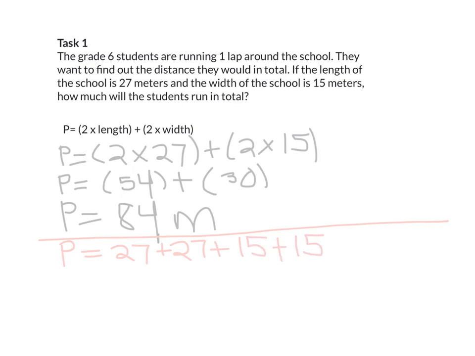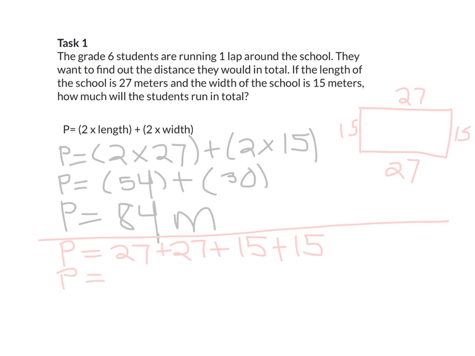And I can help myself by drawing a little diagram on the side. So that's the shape of my school, which is a rectangle. I know that my length was 27, my width was 15, so it would be same on the opposite side, so 15 here and 27 here. Okay, so since I have those all plugged in, I can go ahead and add these together.